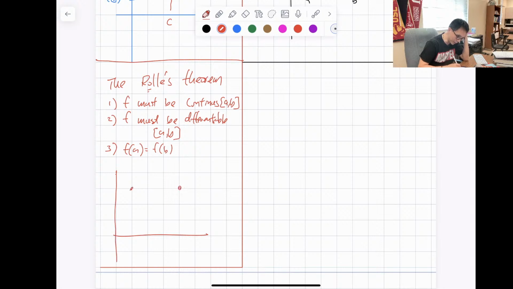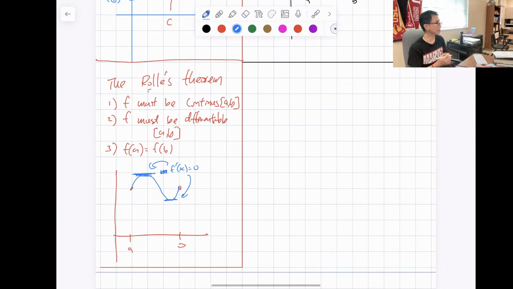So in a situation like this, you have the same height. This is A, this is B, and the curve can be like this, so that the slope of this, or f prime of x, is equal to 0. That's easy. But Rolle is okay, he's all right.